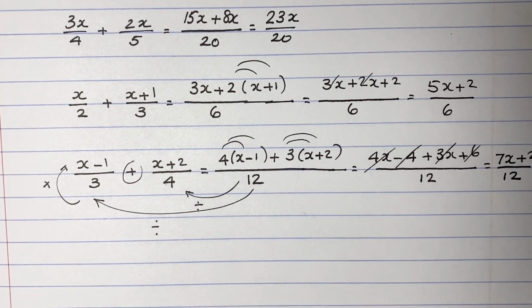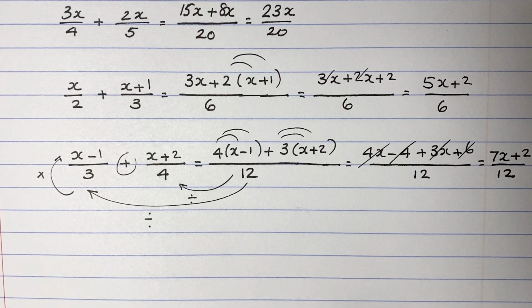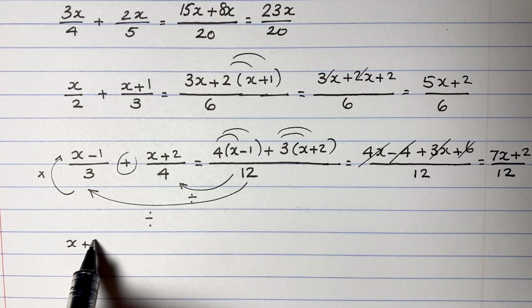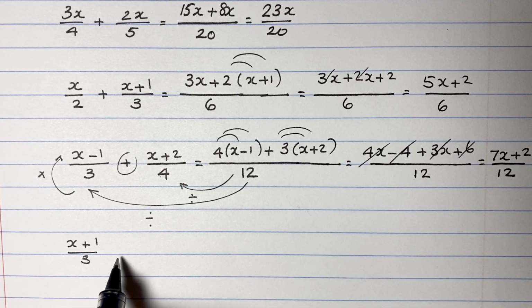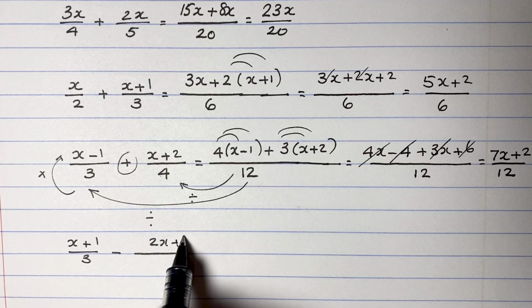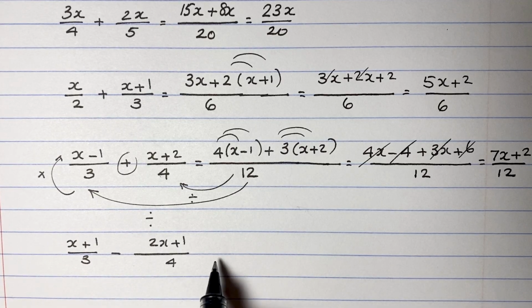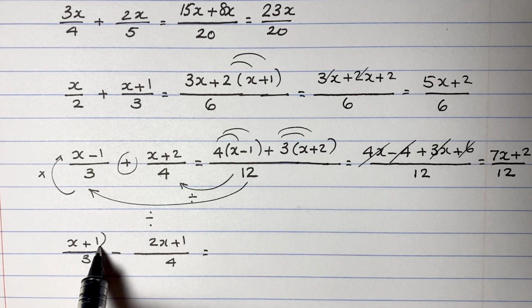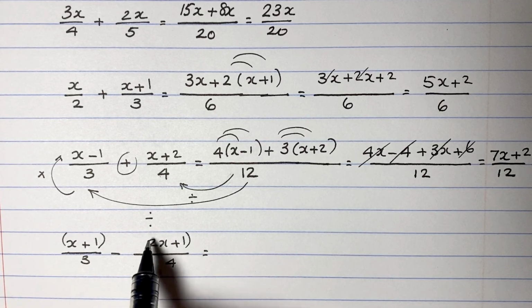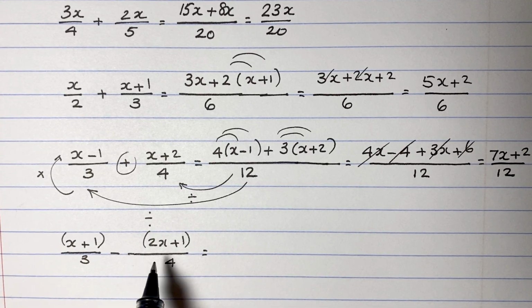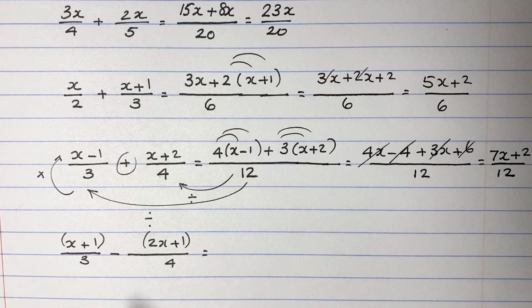Let's do a fraction now with minus between them. Say x plus 1 over 3, take away 2x plus 1 over 4. If you feel more comfortable putting these inside brackets to start with, perhaps it would stop you from forgetting to open brackets when you come to multiply the result by the numerator.